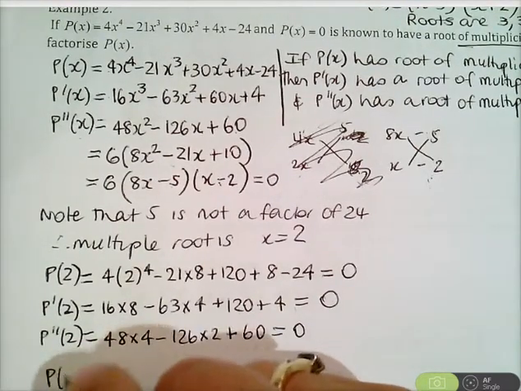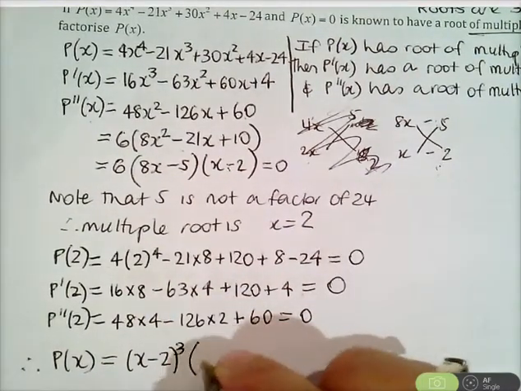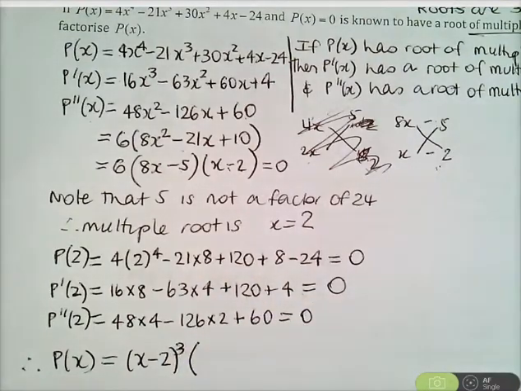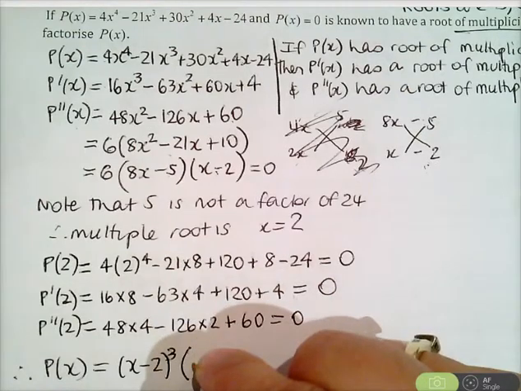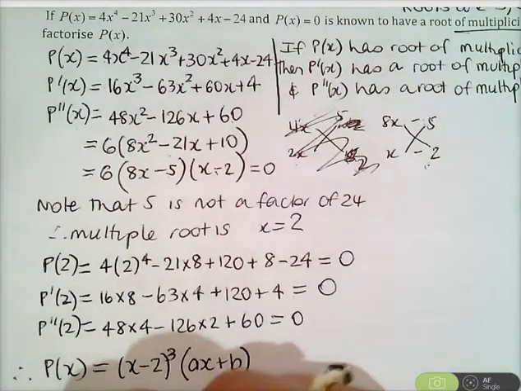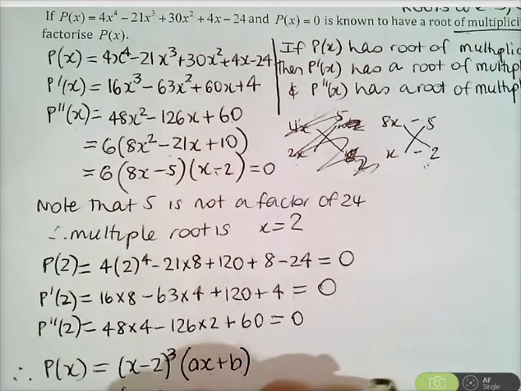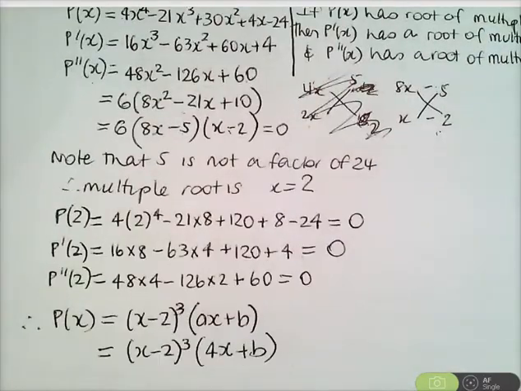So therefore your polynomial is x minus 2 cubed times, now because it's not a monic polynomial, I'm just going to put it as ax plus b, okay, because it could be 2x. Well, it's probably going to be 4x plus something. Now, so therefore it's x minus 2 cubed times 4x plus some term.